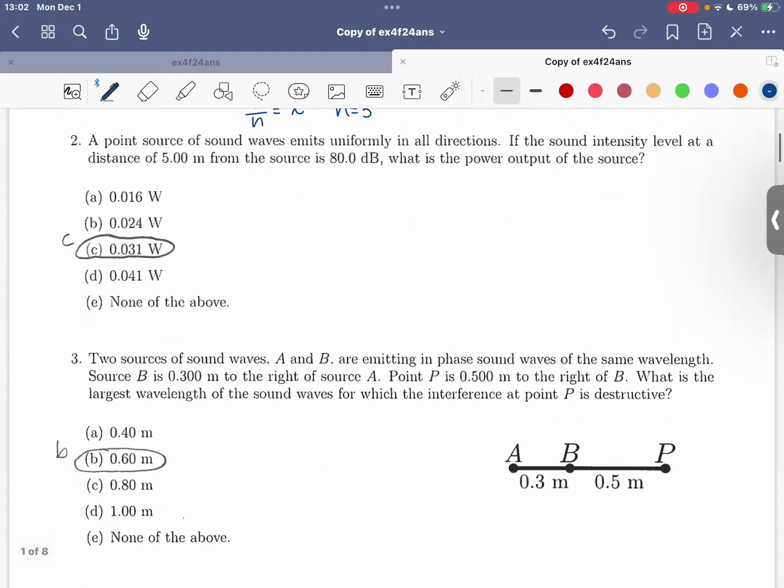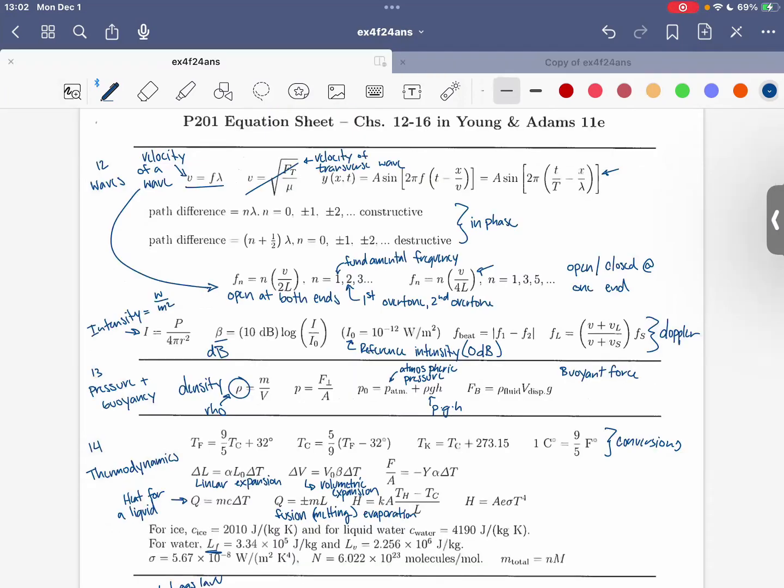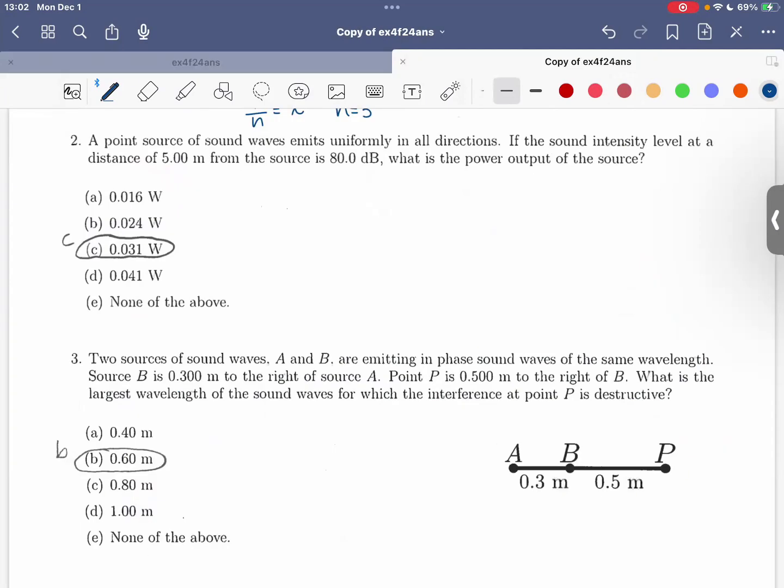For question two, we're told a point source of sound waves emits uniformly in all directions. If the sound intensity level at a distance of 5 meters from the source is 80 decibels, what is the power output of the source? If you remember, I said earlier that intensity and decibels are not the same thing. When you have questions like this and they say sound intensity level, they refer to decibels. When they say just intensity, they're referring to watts over meter squared.